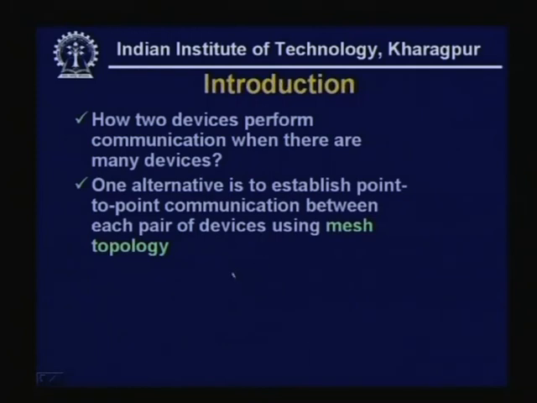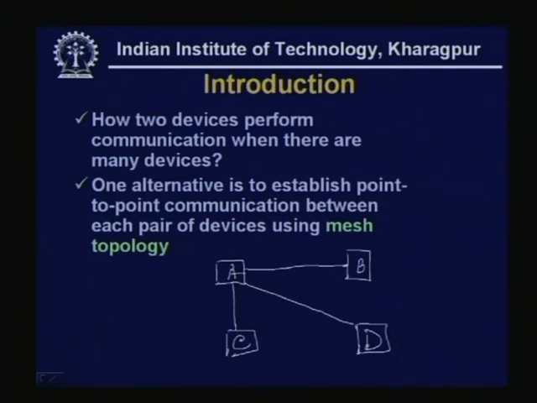Suppose you have got a number of equipments or stations, say A, B, C, D. So, in such a case A wants to communicate with B, C, D, may not be simultaneously, but at a time A wants to communicate with B, or A wants to communicate with C, or A wants to communicate with D. One possible alternative is to establish connection from A to B, A to C, and also from A to D. Similarly, it may be necessary to establish communication from B to C, B to D, and finally C to D.